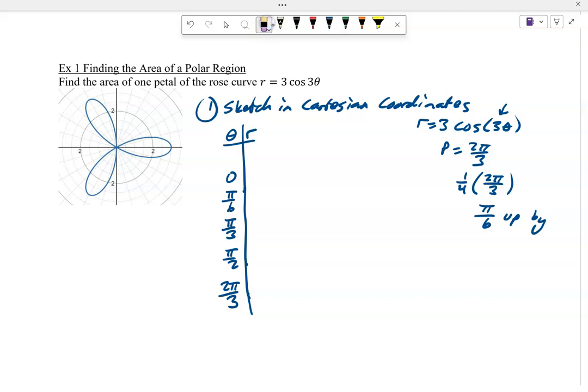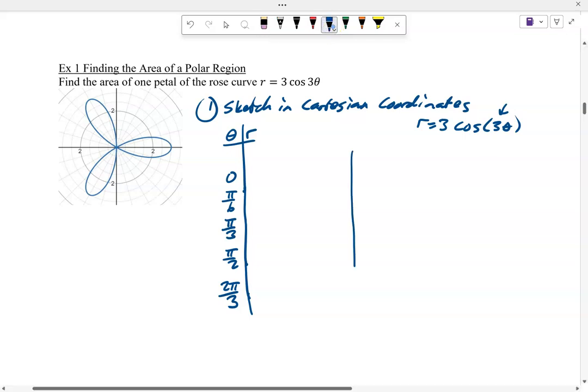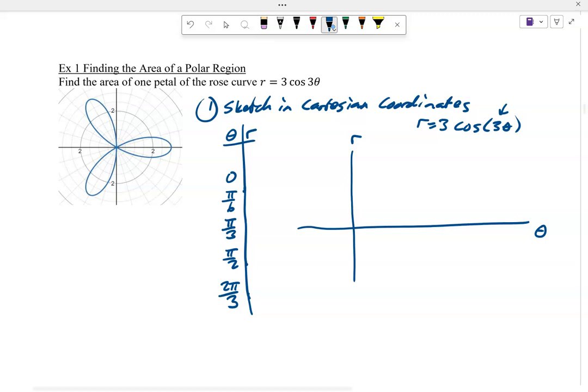So let me erase some of this here for a minute. If I graph this now, here's my theta as the horizontal axis, r being my vertical axis. Now let's throw in theta being 0. I throw in 3 cosine 3 times 0.